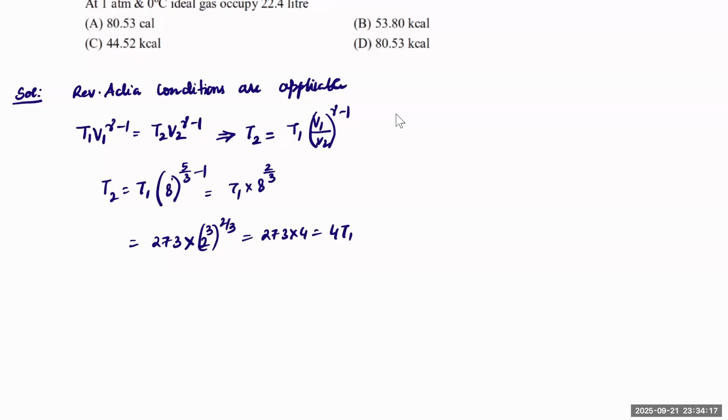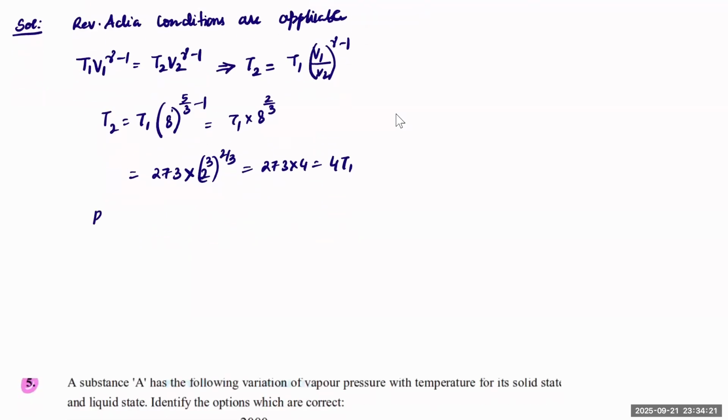So on that note, how much will be the pressure raised in that case? Because it is an ideal gas, initially it was P1 V1 by T1, now it must have become P2 V2 by T2. So from there I can calculate P2, which is equal to P1 multiplied by V1 by V2 multiplied by T2 by T1, correct?